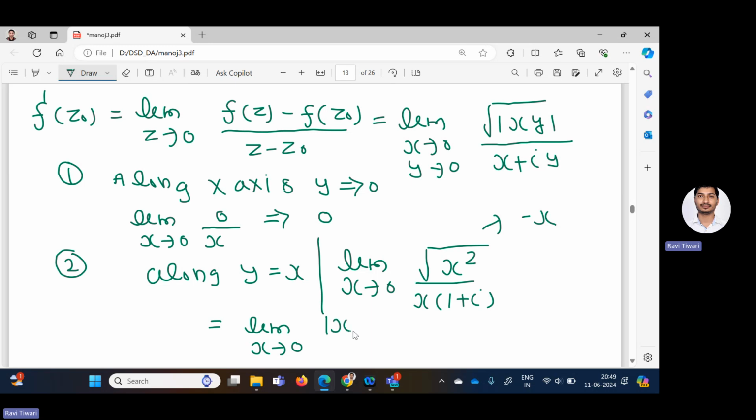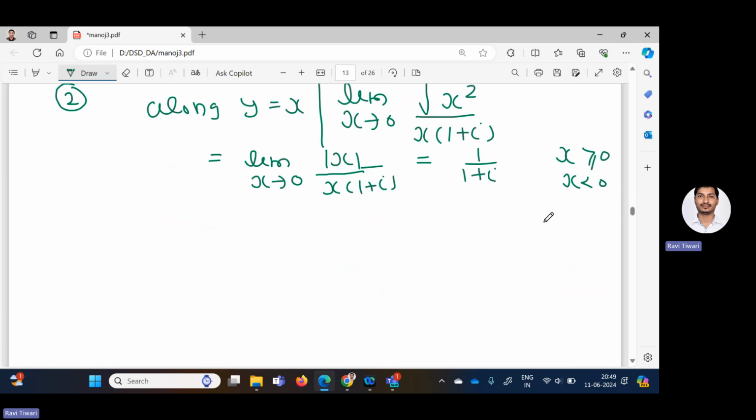So you write mod x divided by x into 1 plus i. Now define mod x. If x is greater than 0, then x and x cancel out, and you get 1 by 1 plus i. But if x is less than 0, then mod x is minus x, so x cancels out and you get minus of 1 by 1 plus i.